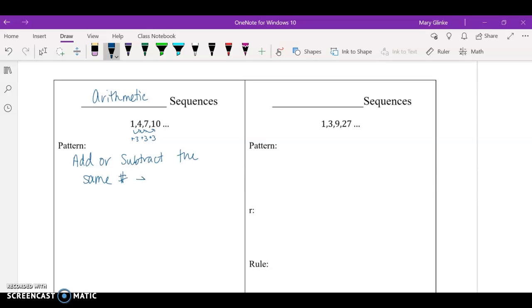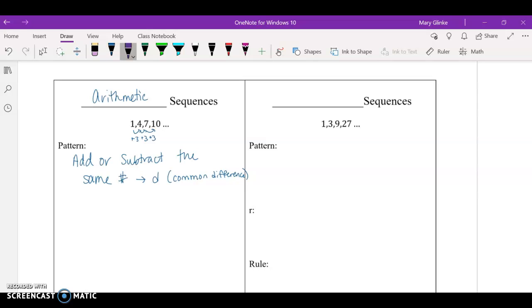That number is known as d, aka your common difference. And what you did with your arithmetic sequences was you wrote them in slope-intercept form, but you used a sub n instead of y equals.